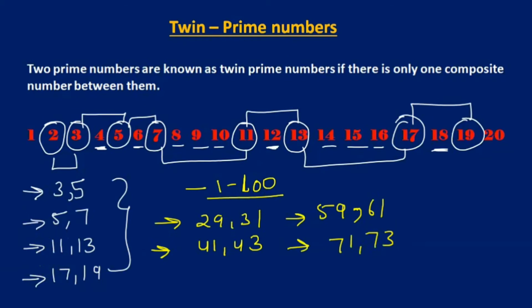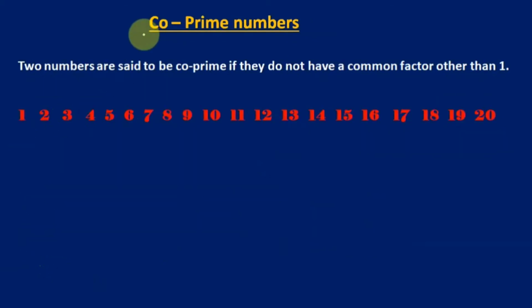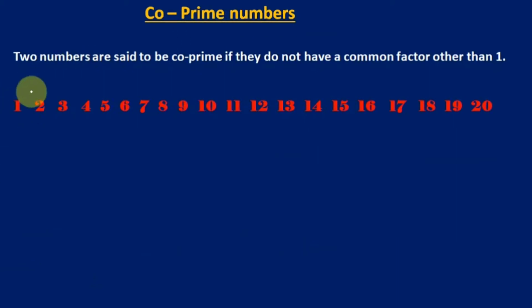Clear? Now let's come to the co-prime numbers. Two numbers are said to be co-prime if they do not have a common factor other than 1. Okay, so if two numbers have only 1 as a common factor, then that pair will be co-prime. Okay, so let's take some example like 12 and 25.